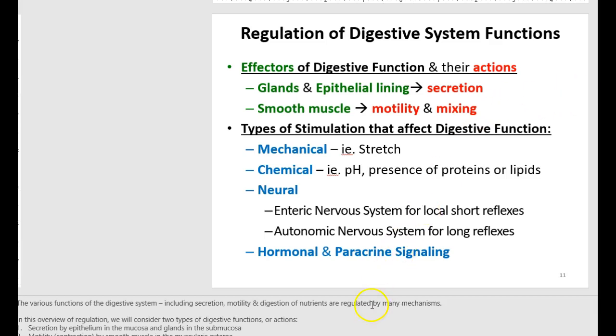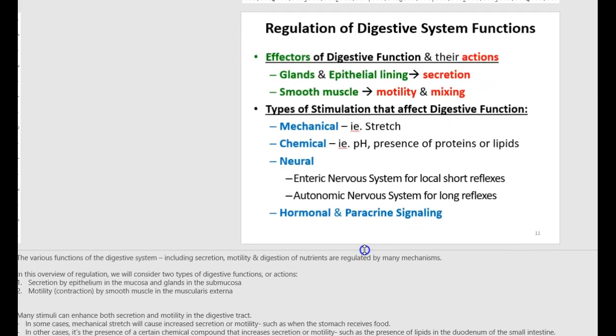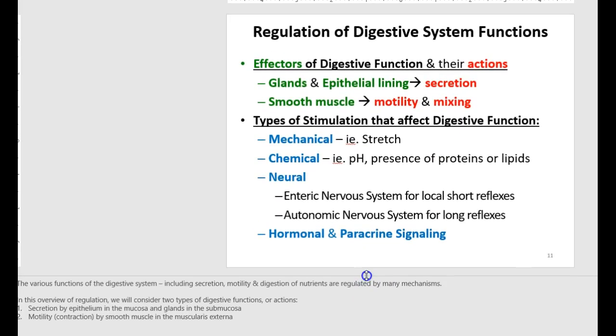So in this overview of how things are regulated, we're going to consider 2 of those. We're going to consider the function of the digestive system being secretion, making of gastric juice, for example, or the pancreas secreting pancreatic juice. And the second function will be motility, how the smooth muscle contracts to mechanically mix up the food or propel the remnants.